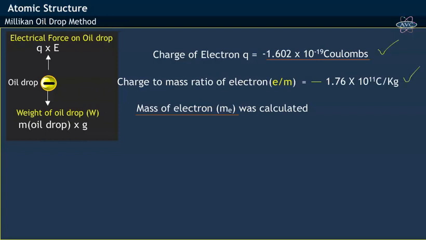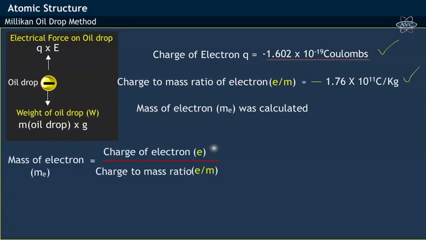On substituting these values in the equation e divided by e by m, we get minus 1.602 times 10 to the power of minus 19 divided by 1.76 times 10 to the power of 11.